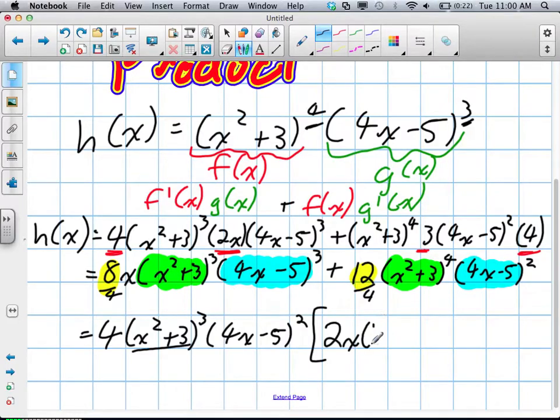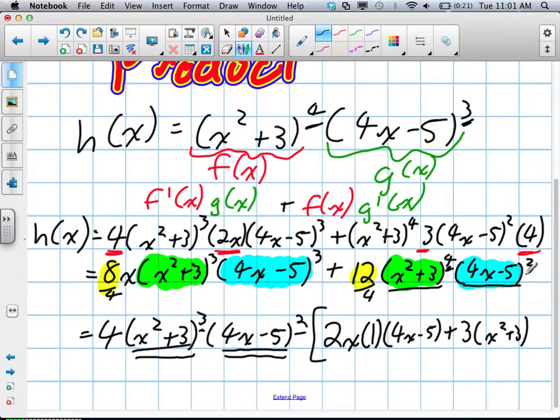I'm going to draw the 1 in just so you know we did do the division, then we'll simplify after. 4x minus 5 to the power of 3 divided by 4x minus 5 to the power of 2. Well, that means there'll still be 1 left, so we have 4x minus 5. Plus 12 divided by 4 is 3. And again, this to the power of 3 divided by this to the power of 4, well, that'll leave one of them left. And the other one is already to the power of 2, so that just leaves 1 in those brackets.